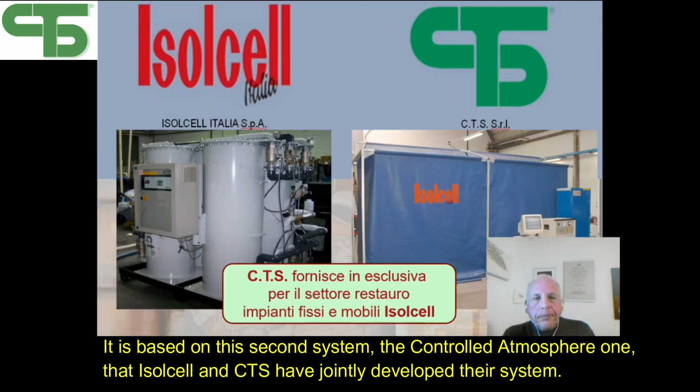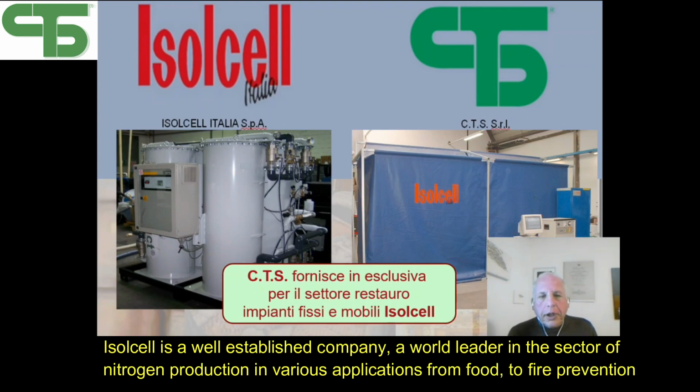It is based on this second system, the controlled atmosphere one, that Isocell and CTS have jointly developed their system. Isocell is a well-established company, a world leader in the sector of nitrogen production in various applications from food to fire prevention.